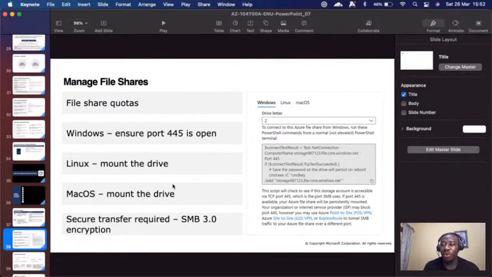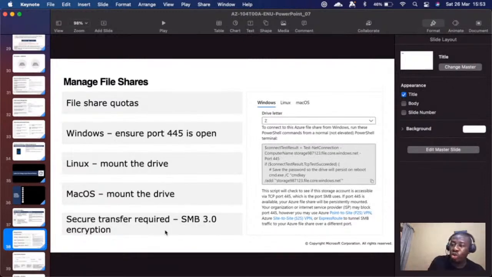Azure looked at what is necessary for you to mount your file share in any environment, and what is necessary is having port 445 open. If you're using a Linux operating system, you can mount the drive, or a Mac operating system, you can mount it. So far, you have SMB 3.0 encryption.